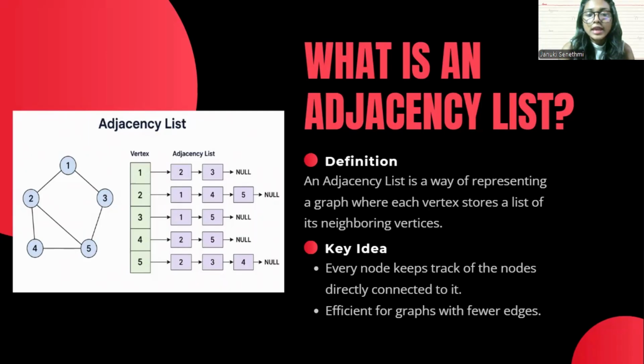Instead of storing every possible connection, we only store the connections that actually exist. This makes adjacency list very efficient, especially when a graph contains relatively few edges. That's why adjacency lists are commonly used in real-world applications.